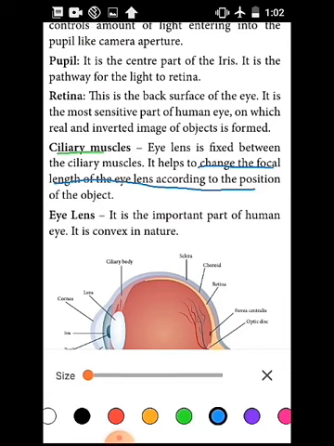Already we studied in the rules how image formation happens in concave and convex lenses. The object is placed at infinity or a particular distance, or at the center of curvature or the principal focus, like that. So the ciliary muscles are used to change the focal length of the eye lens according to the position of the object. So the eye lens is fixed between the ciliary muscles.